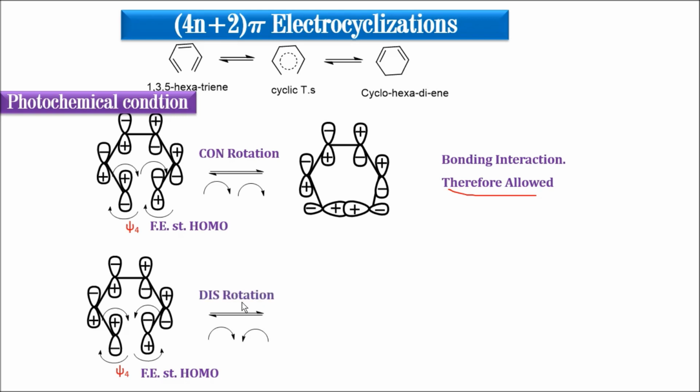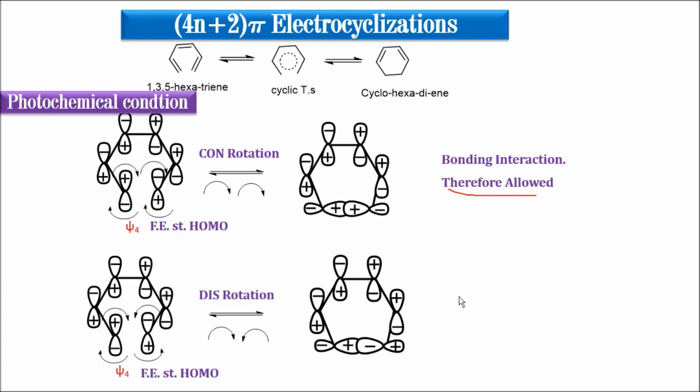Under this mode of rotation, after the rotation of the orbitals, plus lobe overlaps with minus lobe. That is called anti-bonding interaction. The anti-bonding interaction is forbidden. That means under photochemical condition, Con is allowed, this is forbidden. Under thermal condition, this is allowed, Con is forbidden.